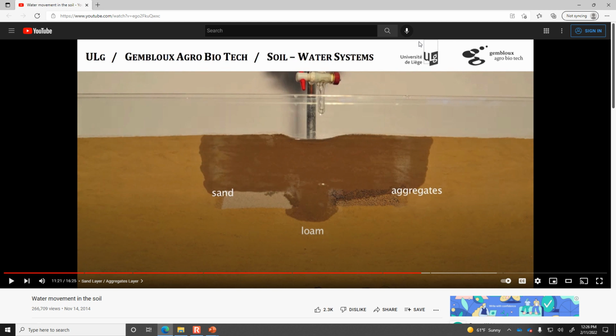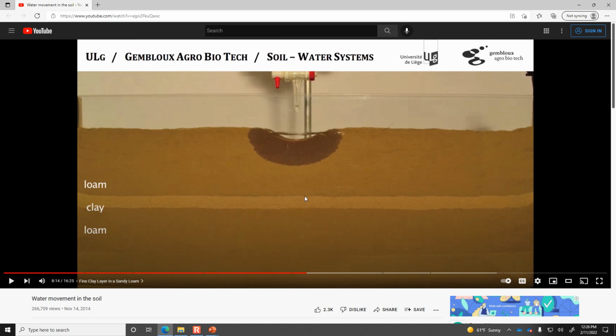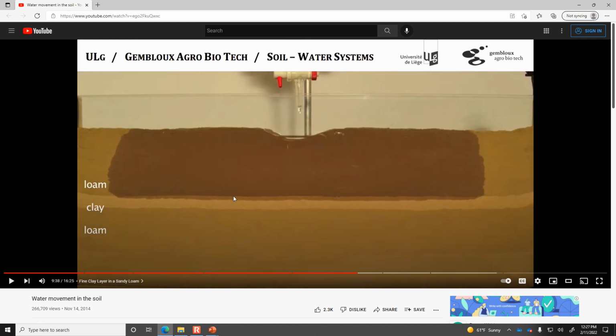So we've talked about things like the hydraulic conductivity of the clay layer, and how water moves through clay. It penetrates quickly, meaning it can get into the clay layer. This initial wetting front enters easily, but then it moves slowly through the clay.